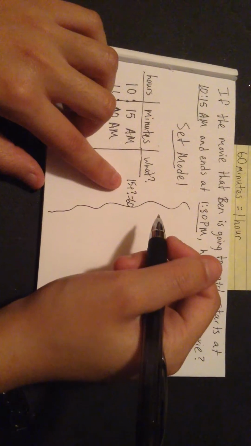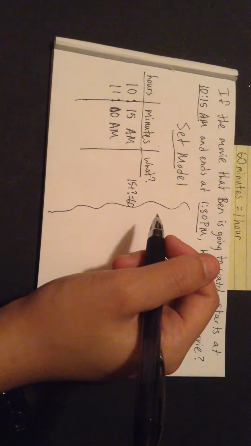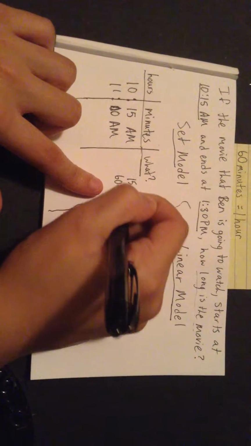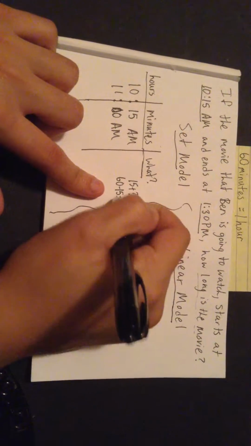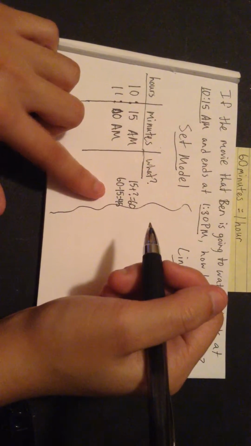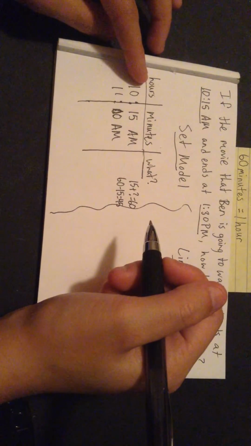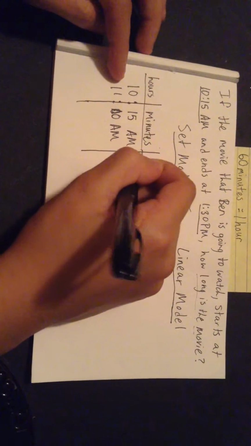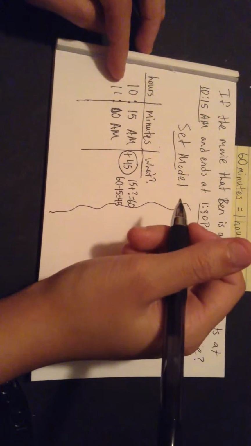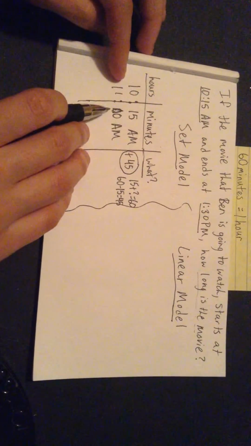Well, the inverse relationship between addition and subtraction tells us that this would be the same as subtracting 60 minus 15. Which would get us 45 minutes. So to get from 10:15 to 11 a.m., we'd have to add 45 minutes.